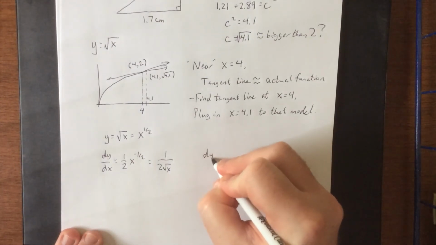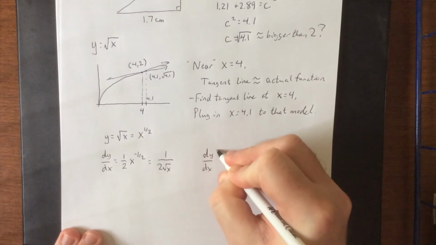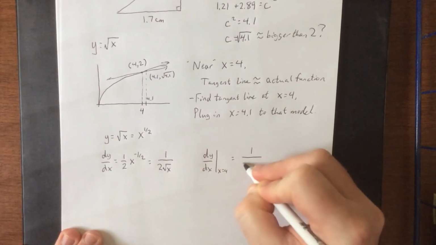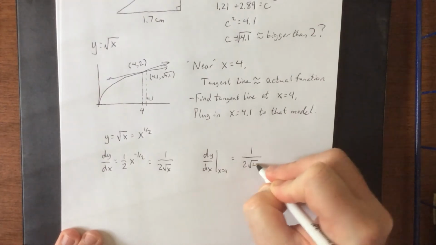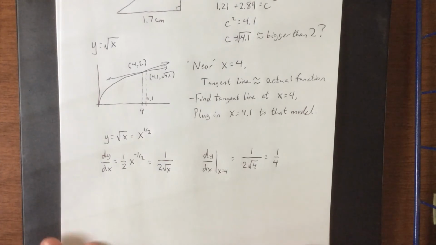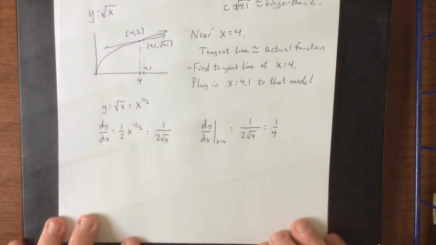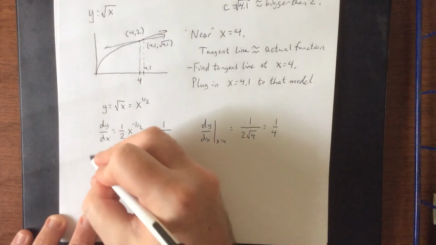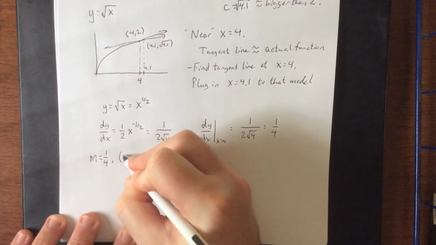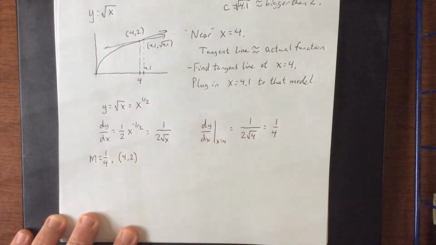We're interested in the slope of the tangent line evaluated at x equals 4. So we'll go ahead and plug in x equals 4. We're going to get 1/4. Now, with that in mind, if we take all of the necessary information and plug it into the point slope form of a line, the slope is 1/4, and the ordered pair is 4, 2.